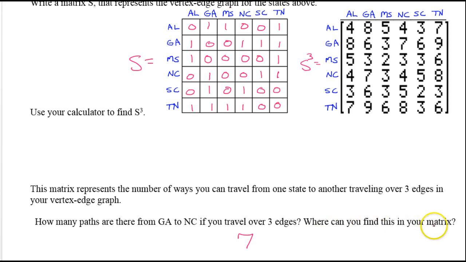Alright, where can we find this in the matrix? Well, there are 2 places. We can look in row 2, column 4. Or of course, row 4, column 2 has the same information.